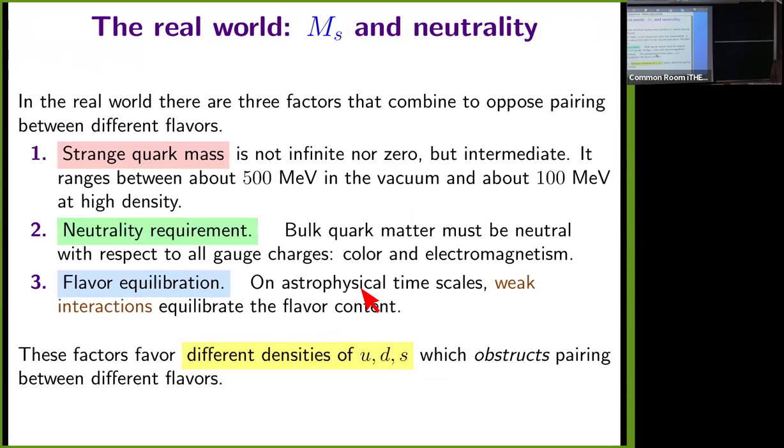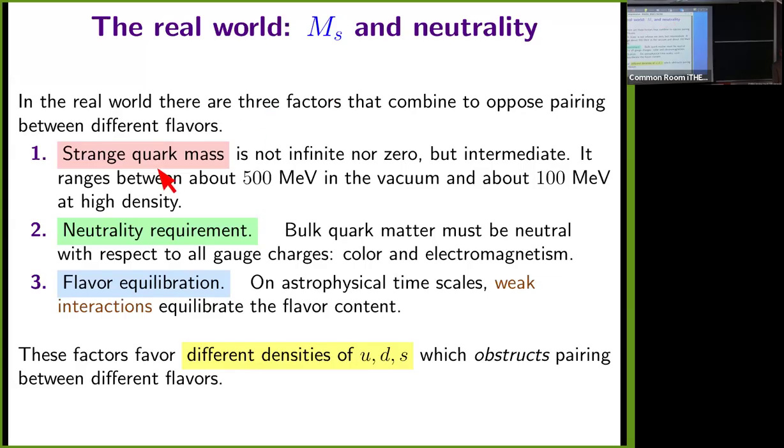So in the real world, things are a little bit different from that idealized world of three massless quarks. There are some factors that make pairing between different flavors more difficult, even though it's the channel that's most energetically favored. And this comes down to the strange quark mass and electrical and color neutrality.